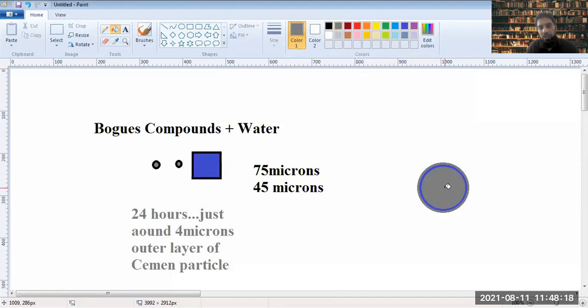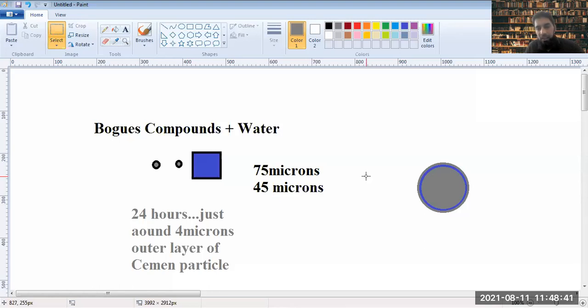So the cement inside is actually unhydrated cement. It does not undergo hydration. So in this outer layer, after 24 hours, you will have 4 microns. After 28 days, some 10 to 12 microns of the depth of the cement particle is ingressed by the water, and that is only reacting with the water.